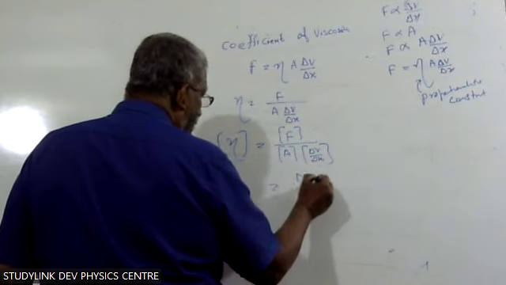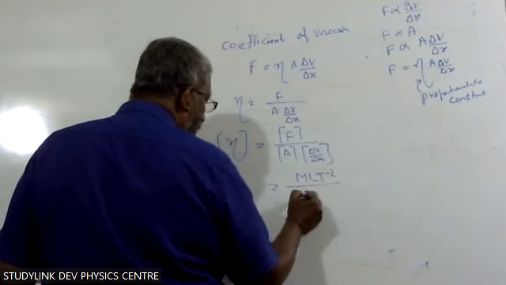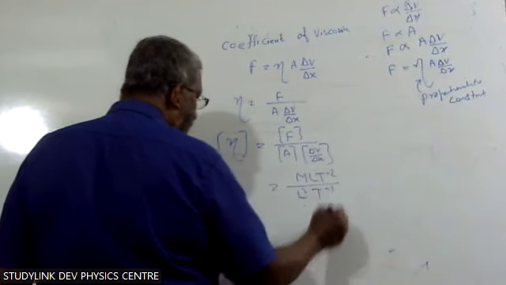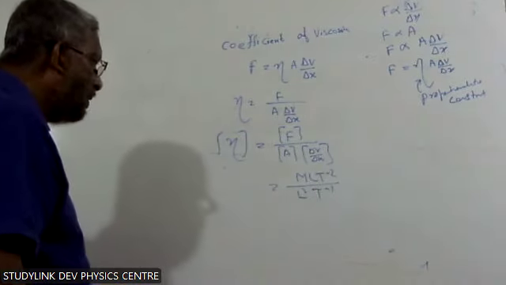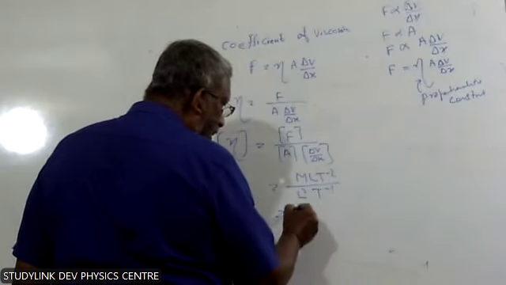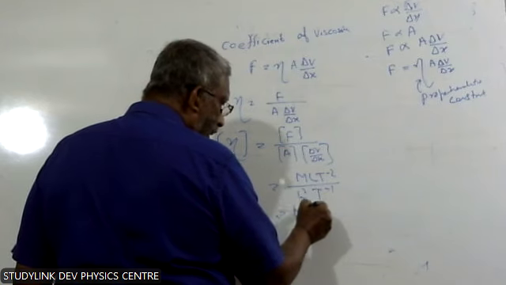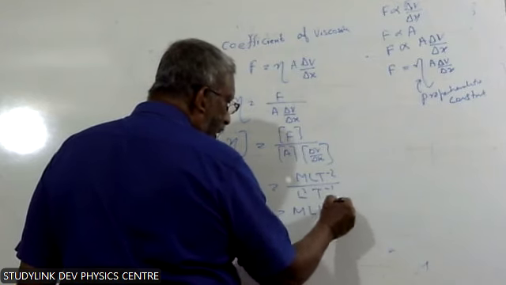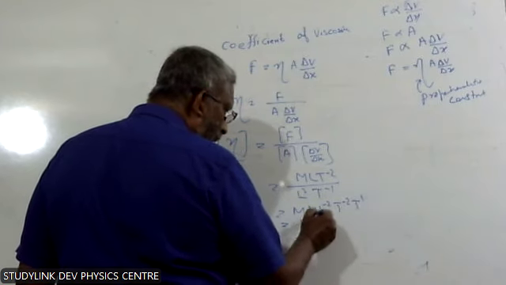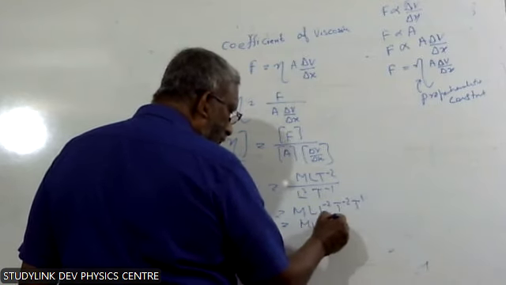Then MLT^-2 over L squared, and this one we found is T^-1. Then you get M, L^2 is taken up, L^-2, T^-2, T^+1. Then M L^-1 T^-1.